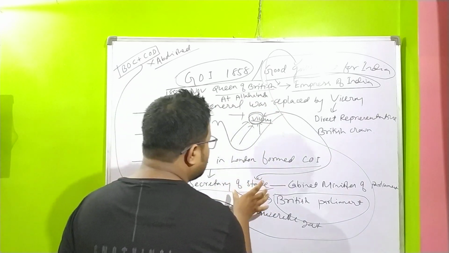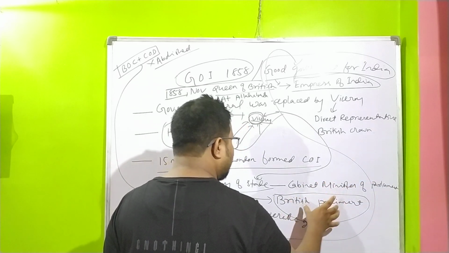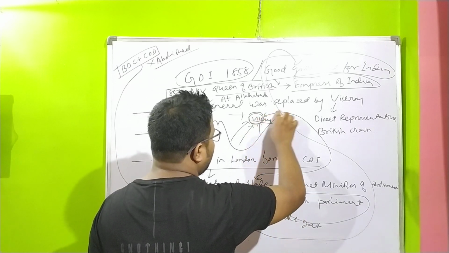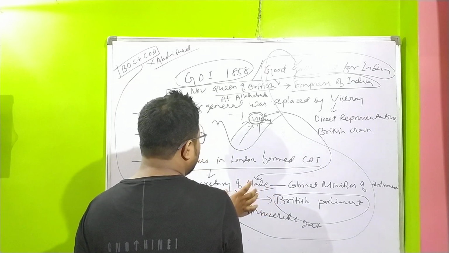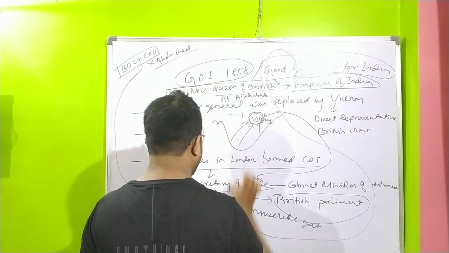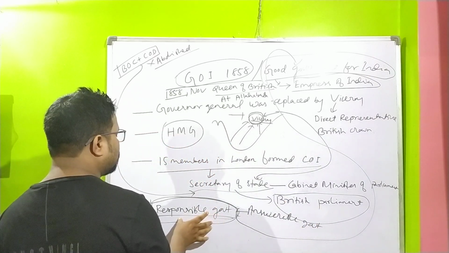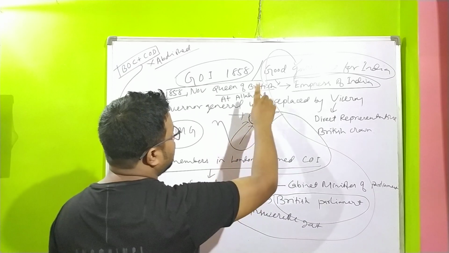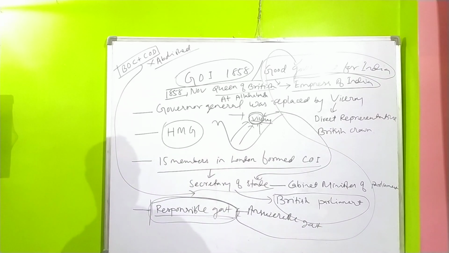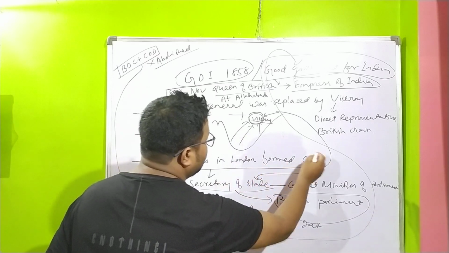The Secretary of State, a cabinet minister of the British Parliament, was answerable to the British Parliament. The Viceroy in India will be answerable to the Secretary of State. And all the offices in India will be answerable to the Viceroy. Thus it was an answerable government, which is a responsible government, which is said to be good governance for India. And one more thing had happened. What is that? This 15 members in London which formed a Council of India.